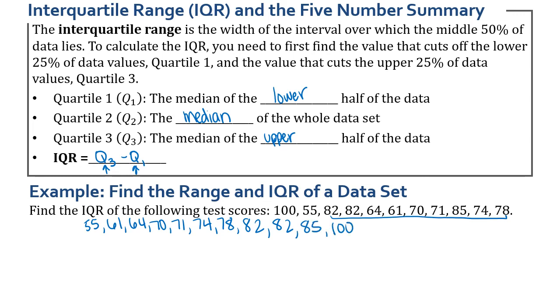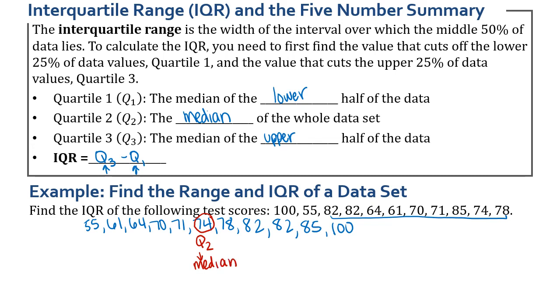Quartile 1 is the median of the lower half of the data, so I first need to figure out where the lower half is. Counting these, 1, 2, 3, 4, 5, 6, 7, 8, 9, 10, 11, we have 11 data points. So 74 is the median that cuts the data into two halves. You can see there are 5 values below 74 and 5 values above 74. So that ends up being our median.